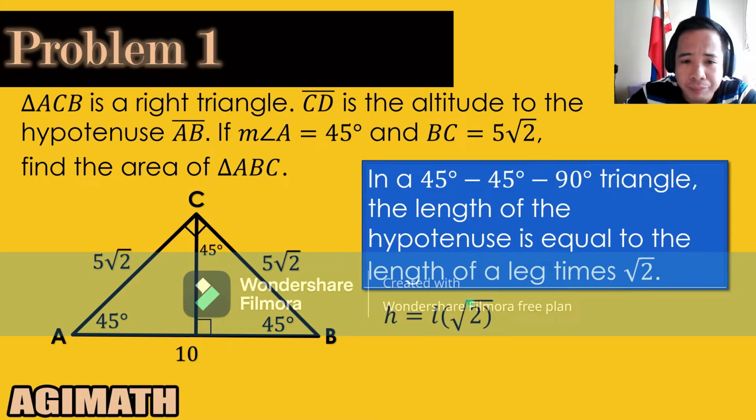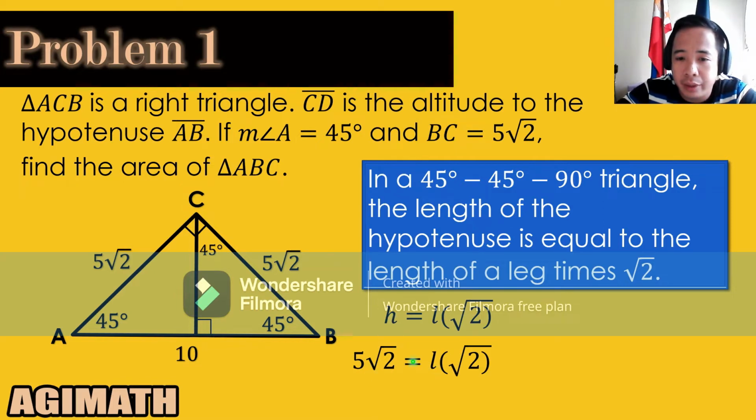So we follow the formula, hypotenuse is equal to the leg times square root of 2. And since we know that the hypotenuse, this one, is equal to 5 square root of 2, we substitute h by 5 square root of 2 and copy leg times square root of 2.